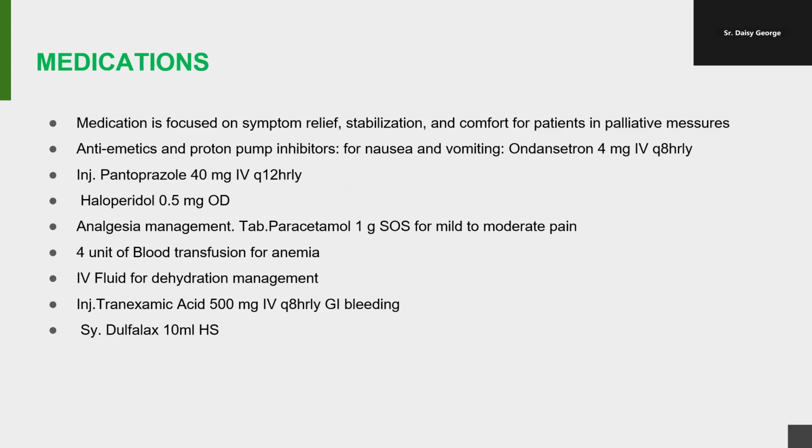Analgesia management: tablet paracetamol 1 gram SOS for mild to moderate pain, tablet tramadol according to the severity of pain. 4 units of blood transfusion for anemia has been done. IV fluid for dehydration management, injection tranexamic acid 500 mg IV 8 hourly for GI bleeding. Syrup Dulflax 10 ml HS.